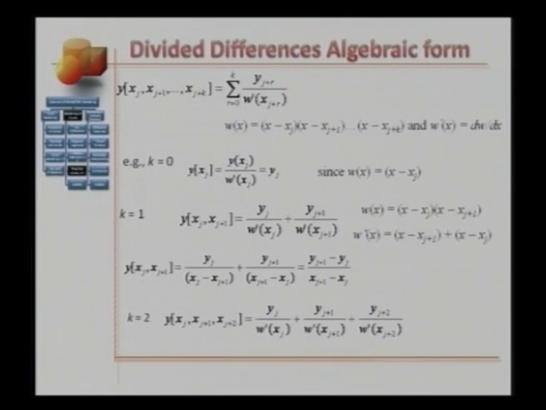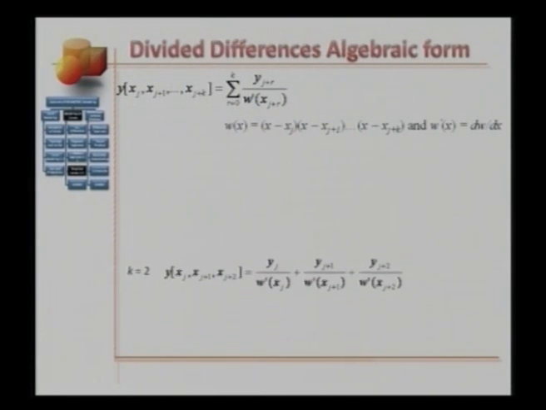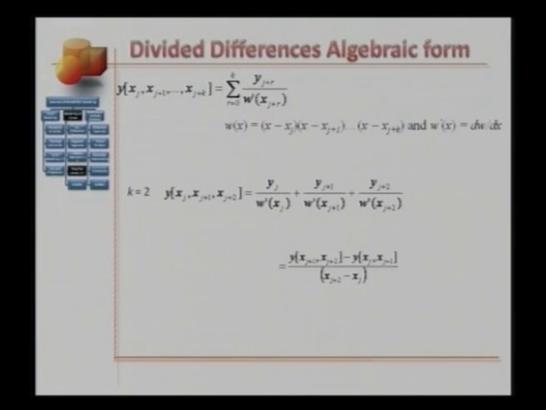How about w? In this case, w will have 3 terms in x. If you think about this, the second divided difference corresponding to the data points j, j plus 1, j plus 2 can be written as y of xj plus 1, xj plus 2 minus y of xj, xj plus 1 over xj plus 2 minus xj.